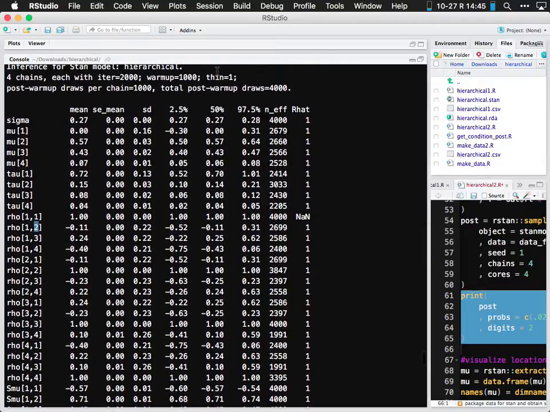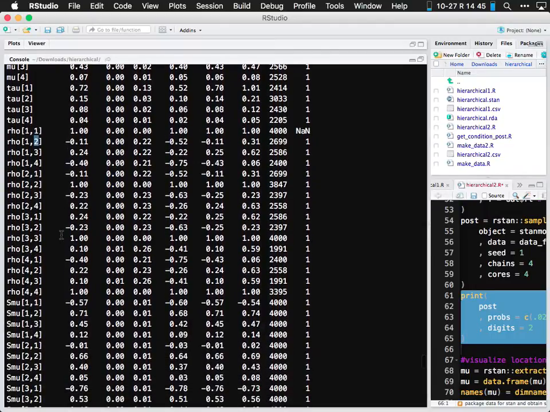The credible interval is these two columns, so it goes from negative 0.52 to 0.31. So 0 is still fairly credible as a value for the correlation between the overall intercept and the pre-post main effect. We could look at the correlation between the overall intercept and the main effect of food, and that also includes 0 in its credible interval.